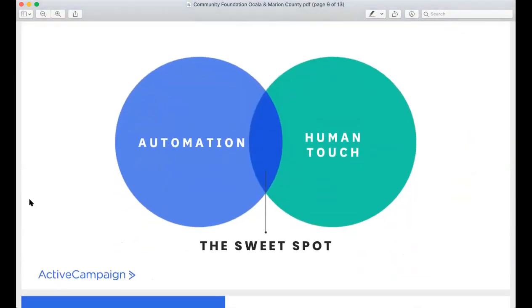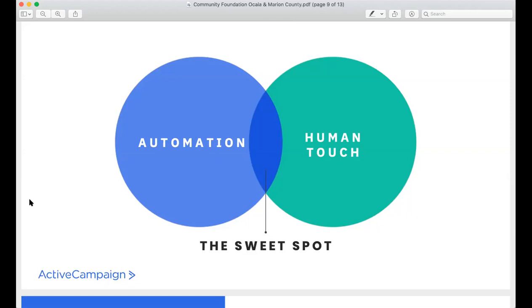And we also are focusing heavily on this sweet spot between automation and human touch, especially when we're working with lean teams. Like I said before, we're looking at different processes and flows of communication that can be automated, but also we want to leverage data and collect as much data as we can on your members and donors so that we can be as personalized as possible and really find this sweet spot between both.